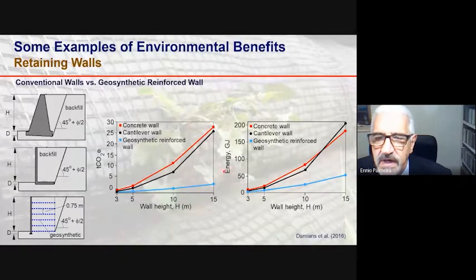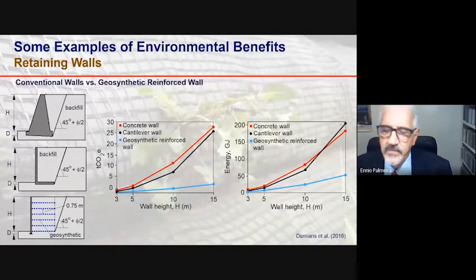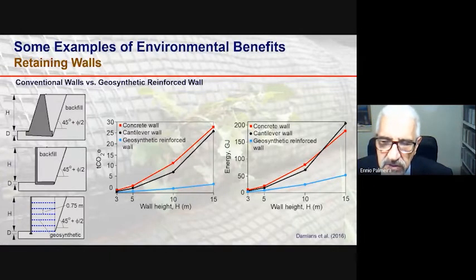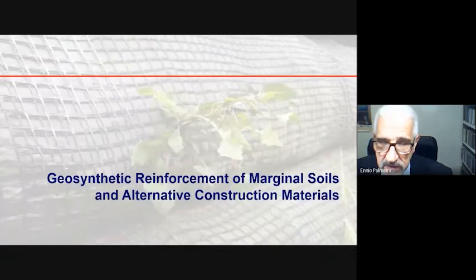The same with regard to energy consumption, much less energy consumption in the solution with geosynthetics than in the conventional solutions. So geosynthetics can already provide a sustainable engineering solution when we use conventional construction materials like normal, usual soils.